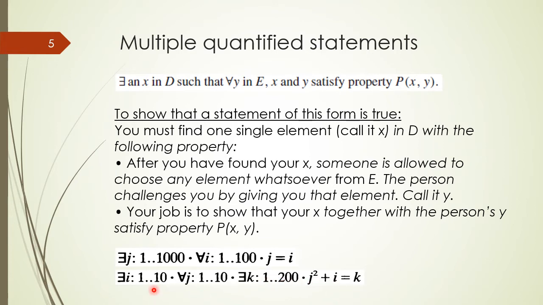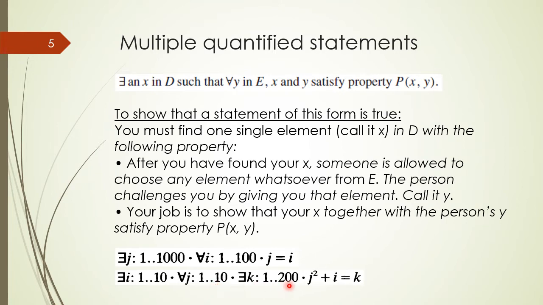Now I pick again 1, and 1 is added to the square of 2, which is equal to 5. You can find 5 here, therefore it satisfies the property. Similarly, I again pick 1 and add 1 to the square of 3, which is 10.